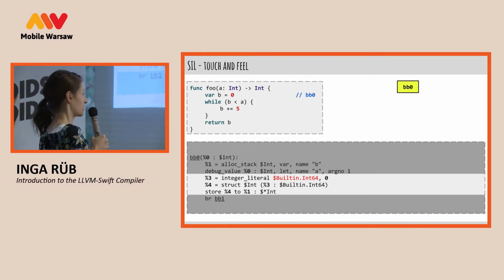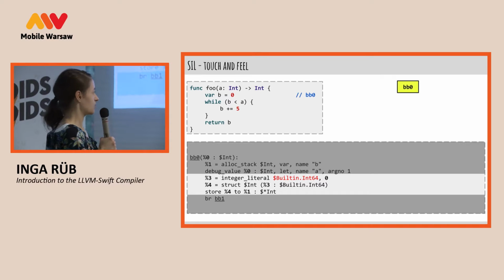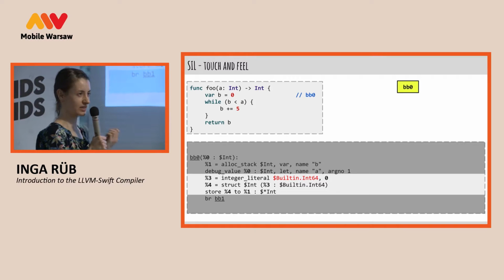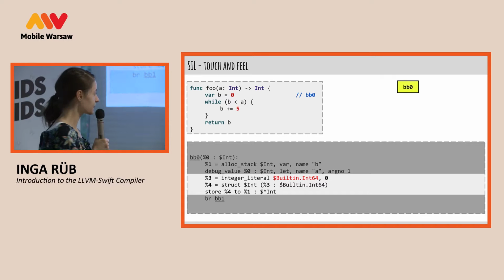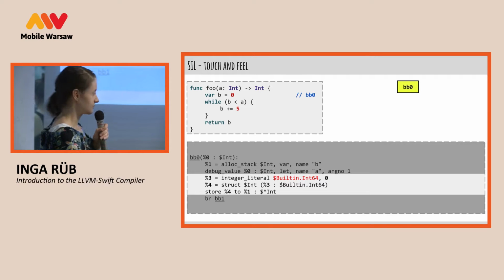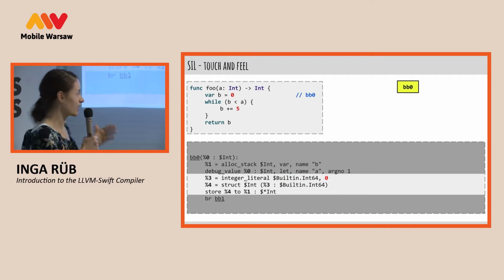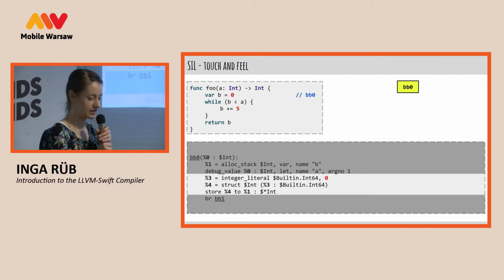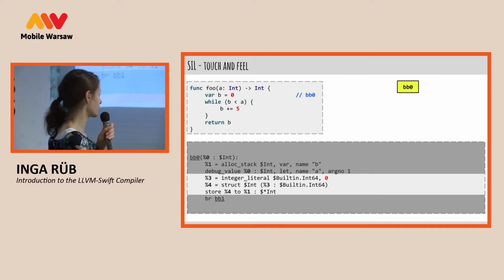In Swift, we would have just the int, but in C, we can translate Swift int to built-in int64. So this is the place where it happens. This is the place where the compiler knows that when we put int in our code, we meant int that has 64 bits. And then the compiler produced the number that is the value of such an integer. So it's 0, it's just 0.